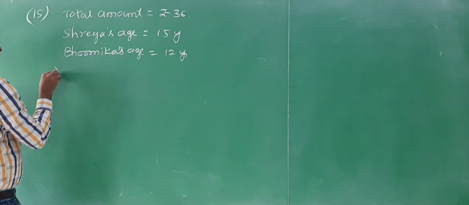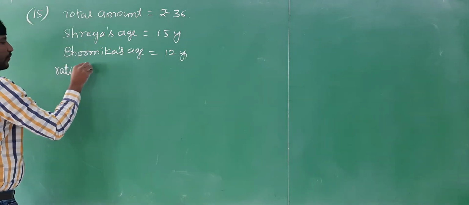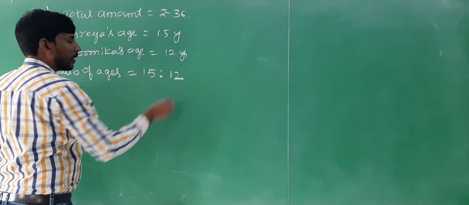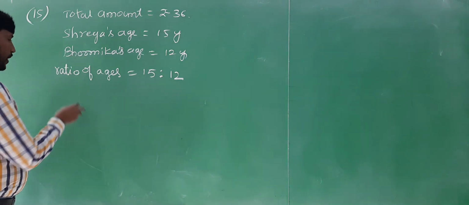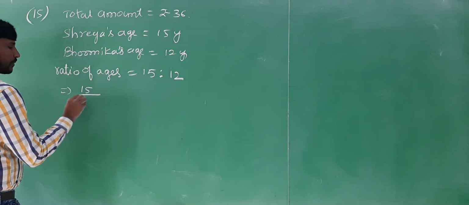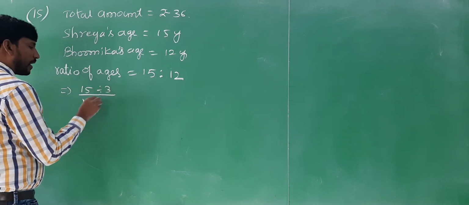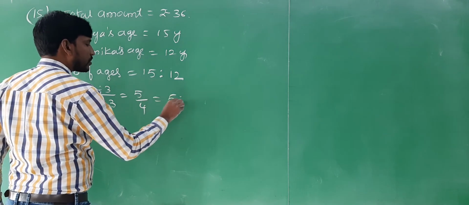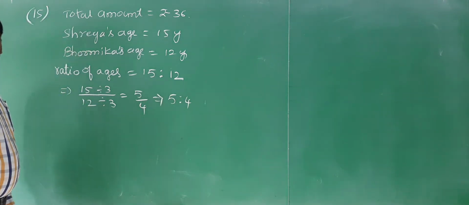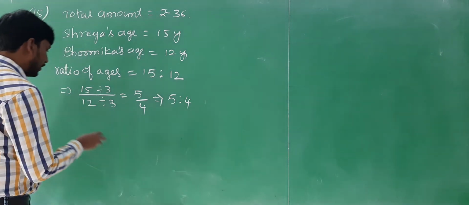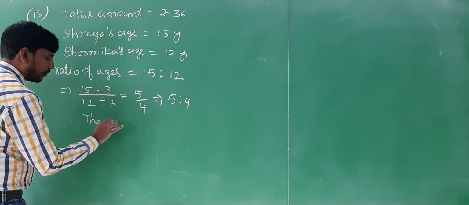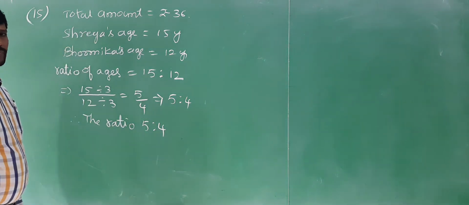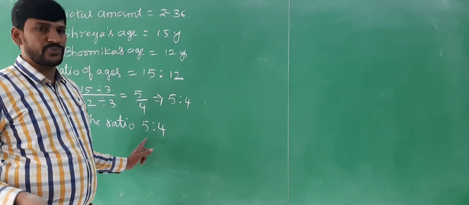Okay, ratio of their ages. Ratio of ages is 15 is to 12. Both are multiples of 3, so 15 by 12, dividing with 3 in the numerator and denominator, you will get 5 by 4, which is nothing but 5 is to 4 ratio. So therefore the ratio is 5 is to 4. Okay. So now the mother wants to divide 36 rupees in 5:4 ratio.